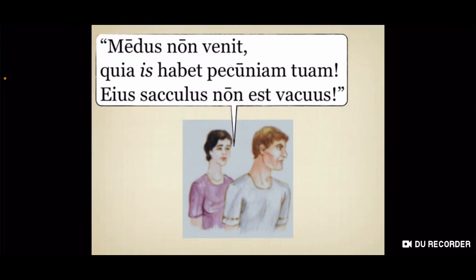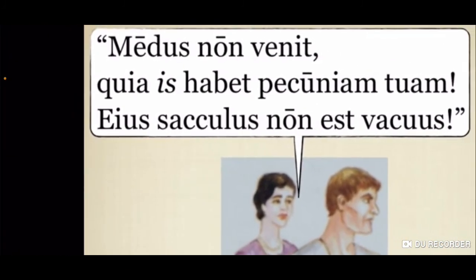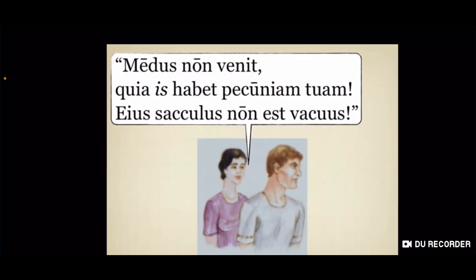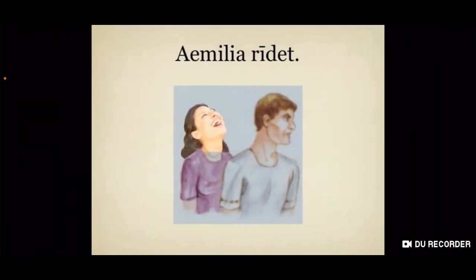Medus non venit, quia is habet pecuniam tuam, because he has your money. Eius saculus non est vacuus. Her sack is not empty. So he says he, now hers. So they're definitely trying to push this personal pronoun in this. Her sack is not empty. Amelia ridet. Amelia laughs.